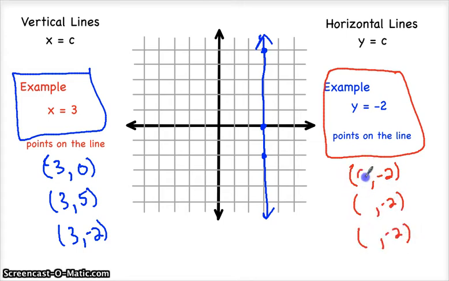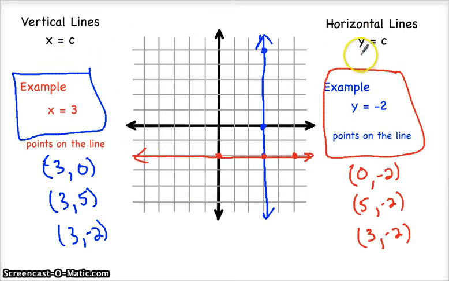But I can use x being anything, such as 0, or 5, or 3. So if I go to 0, negative 2, 5, negative 2, or 3, negative 2, you'll notice that I get all points on that same horizontal line.